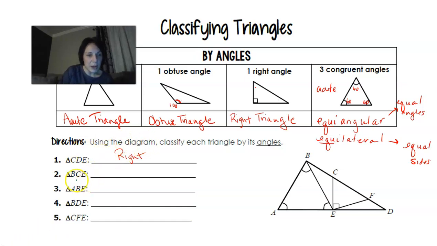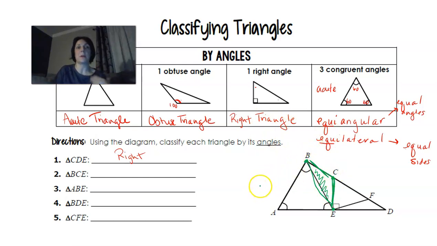Okay, the next triangle is B, C, E. So here's B, here's C, and here's E. Let's connect those dots and find our triangle. That would be this guy right here. Do you see a right angle in there anywhere? I don't. Do you see an obtuse angle?